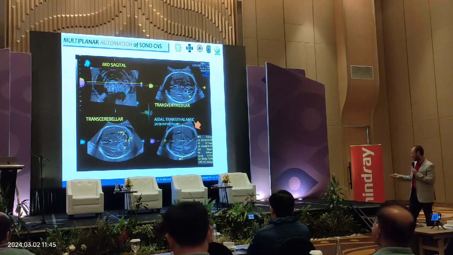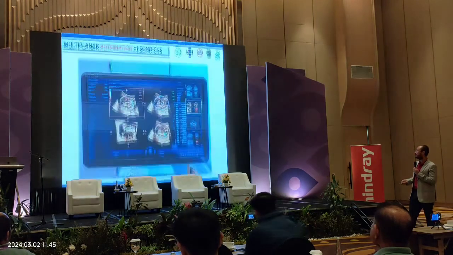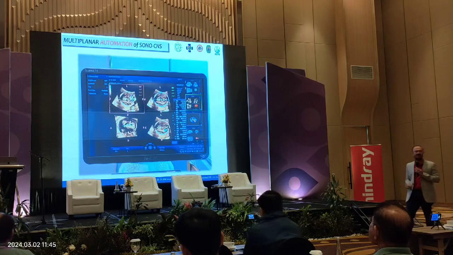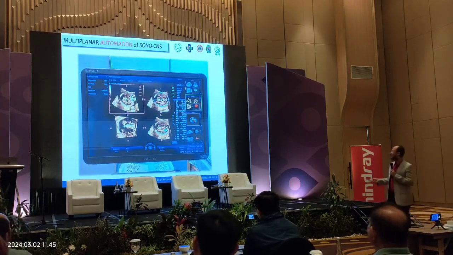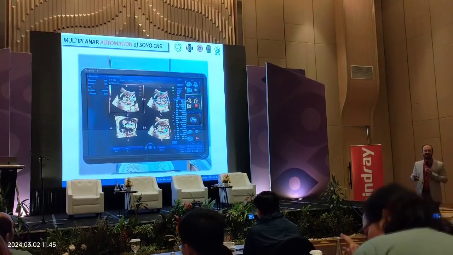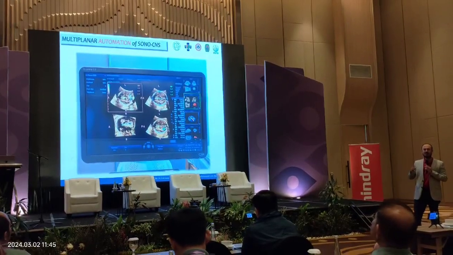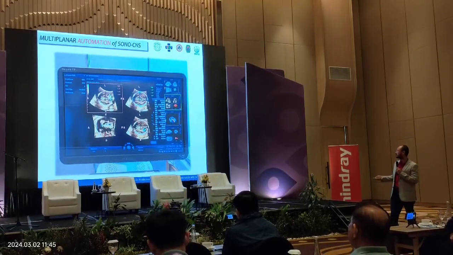Maybe not in the very long future, maybe in the near future. This can also be done by the very nice machine from Mindray. If you would like to see a live demonstration after this, and previously in the hands-on, how the machine can help you get the measurement correctly, faster and easier.